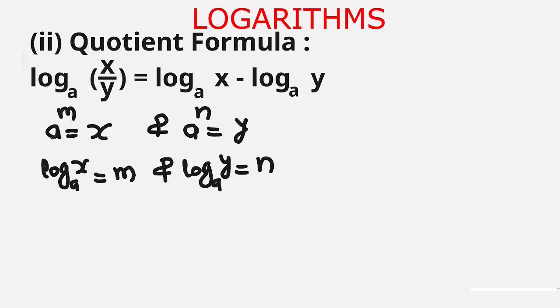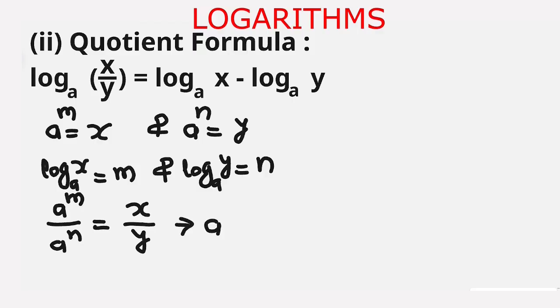Now if we divide a to the power m equal to x by a to the power n equal to y, then we get a to the power m upon a to the power n equal to x upon y. This gives us a to the power m minus n equal to x upon y.